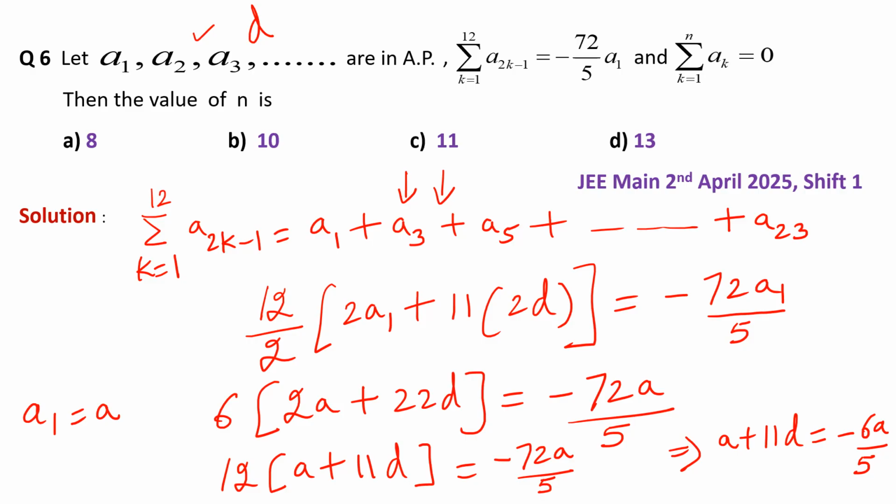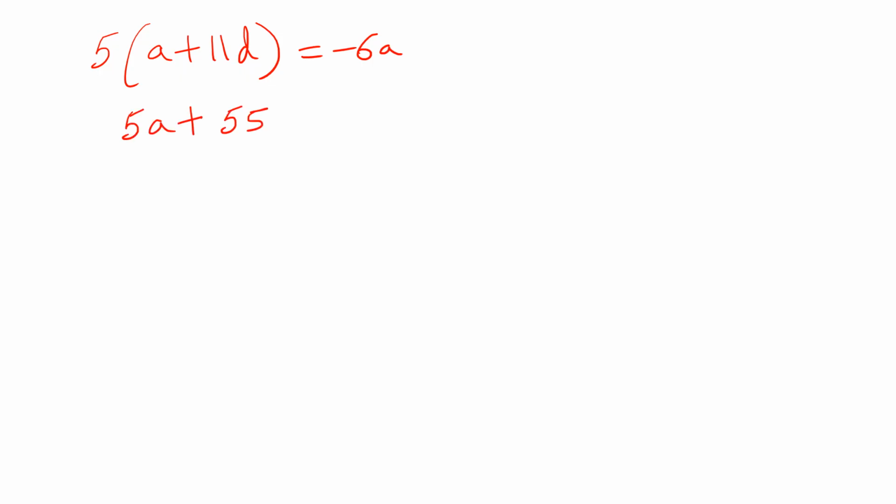Now students, we move further. Now students, the equation becomes 5 times a plus 11d equal to minus 6a. Or we can write 5a plus 55d equal to minus 6a.